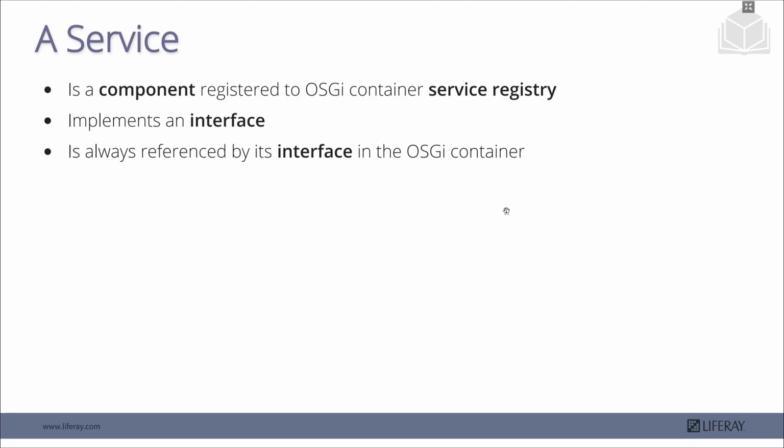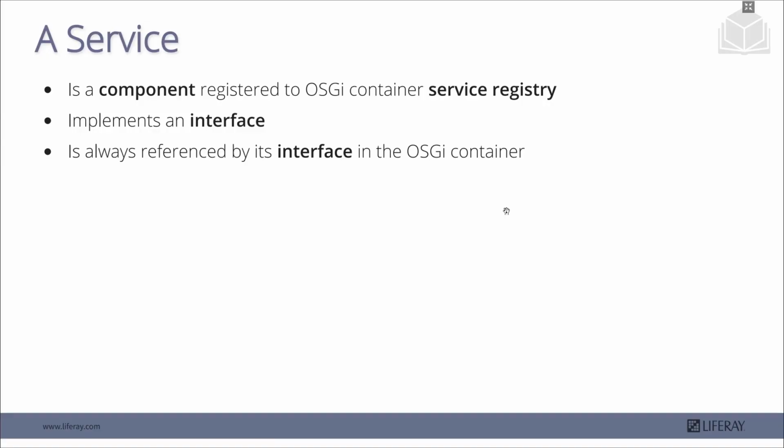So when we talk about services in this conversation, we're talking about OSGI services. In this case, a service is going to be a component that is registered inside of the OSGI container, and more specifically registered inside of this thing called the Service Registry. We'll talk about that a little bit later as well.